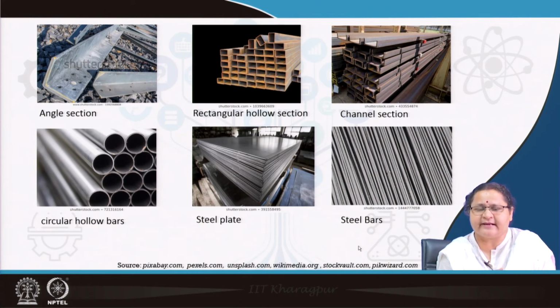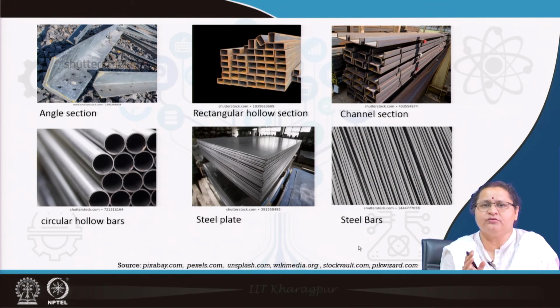Try to look around, you will find all these kinds of sections. Even the railway tracks are a kind of T section. Those are also rolled out. So, rolled sections are directly used in structures, they need not be embedded inside concrete. So, rolled steel is used directly for steel structures, even steel structures for the building industry.